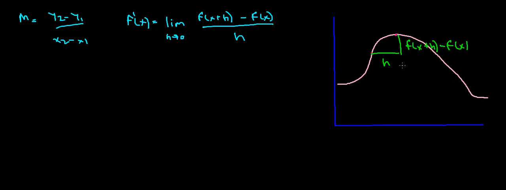So for example, just a very simple one, if I want to find the derivative of, I don't know, something really simple, x squared, what I can do is just evaluate this as the limit goes to 0 for h, and then I'll have a function that will give me the derivative for any point of x squared.